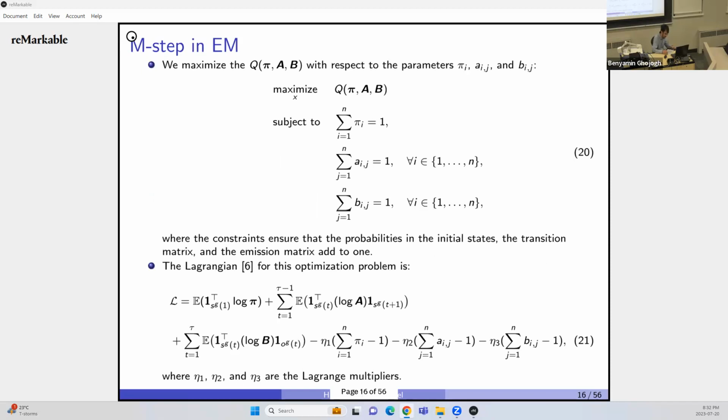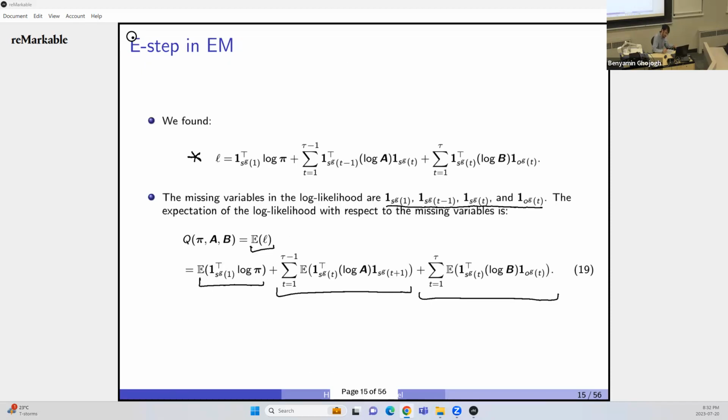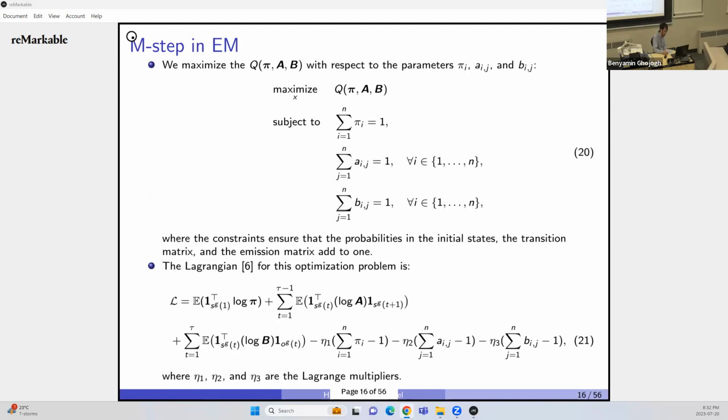Okay, so I define this term with expectations to be Q. I denote it by Q(π, A, B). So equation 19 is what I denoted by Q. Now, the M step in expectation maximization: we maximize this with respect to the optimization variables. What are they?